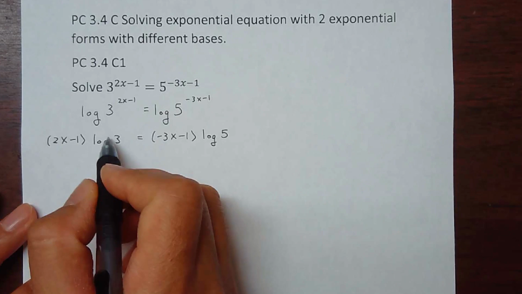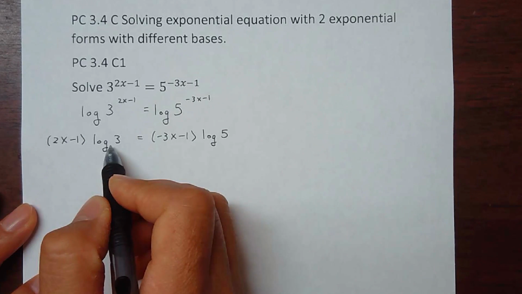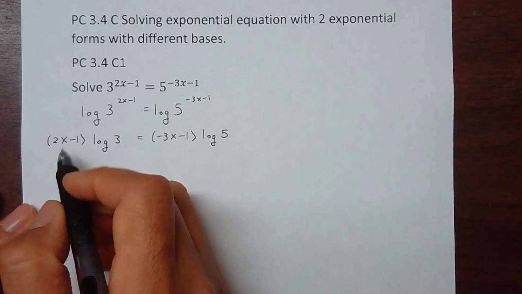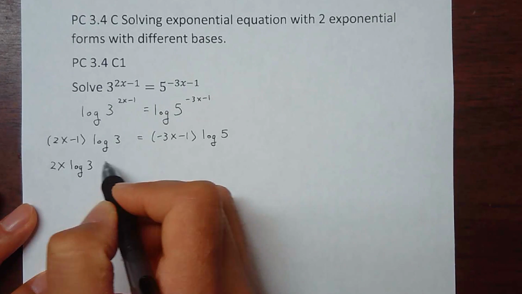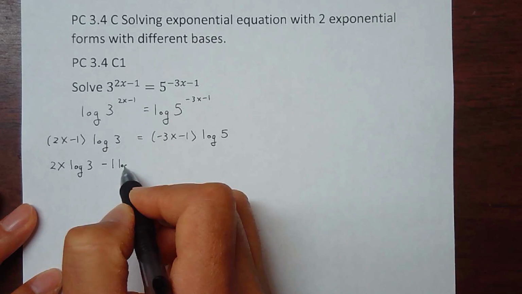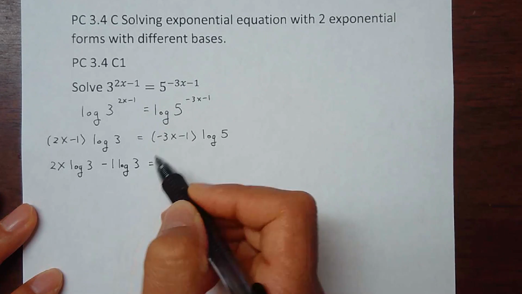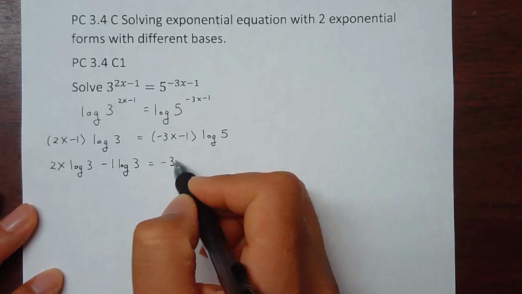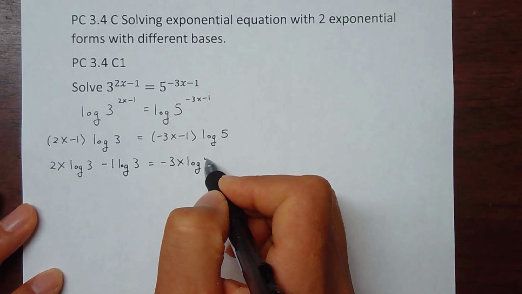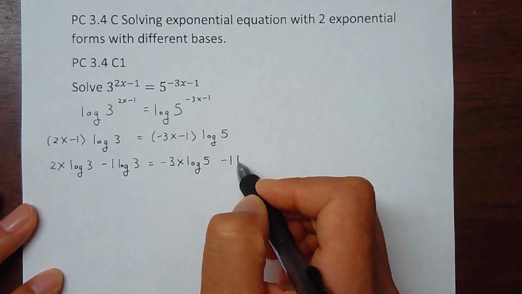Distribute 2x log 3, so it will become 2x log 3 minus 1 log 3 equal to distribute log 5, minus 3x log 5 minus 1 log 5.